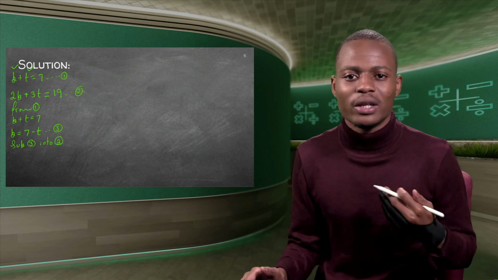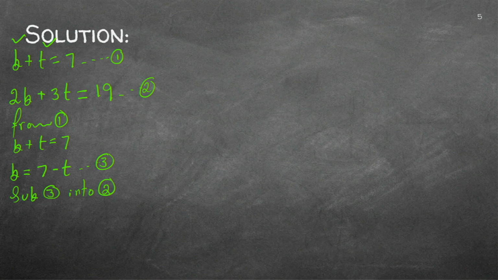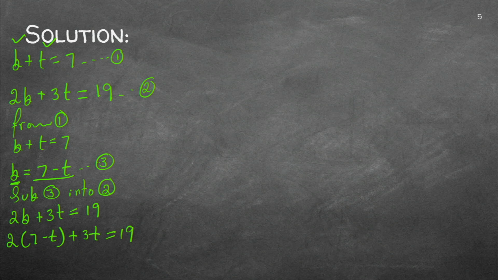I like writing equation 2 again so that you can see how we do this. So this is 2b plus 3t gives you 19. And in the space of b, I will substitute 7 minus t. So this will be 2 times (7 minus t) plus 3t equals 19.